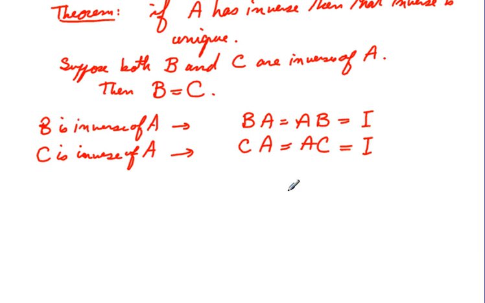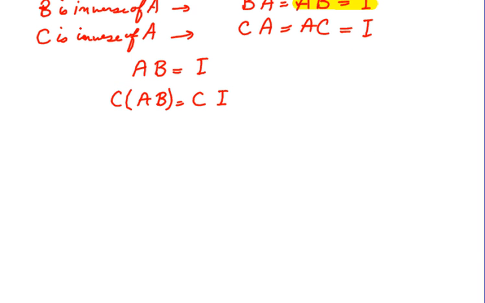So I pick, for example, this statement that somebody is assuring me that the B that I have found has the property that A times B has to be identity. I say, okay, if that is so, if I go ahead and multiply this by C on the left, if these two are equal, then multiplying by C, they are still equal.